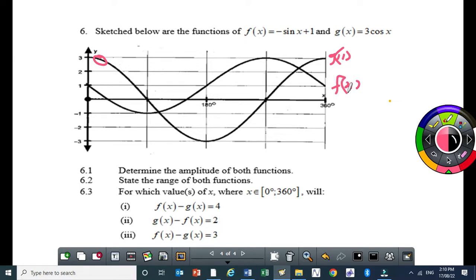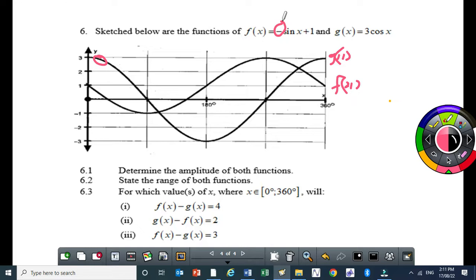The graph of f of x starts with a minimum turning point, which means the original graph was reflected about the x-axis because of this minus a. That minus tells us that the graph of sine x was reflected about the x-axis, and then it was moved by 1 unit what?